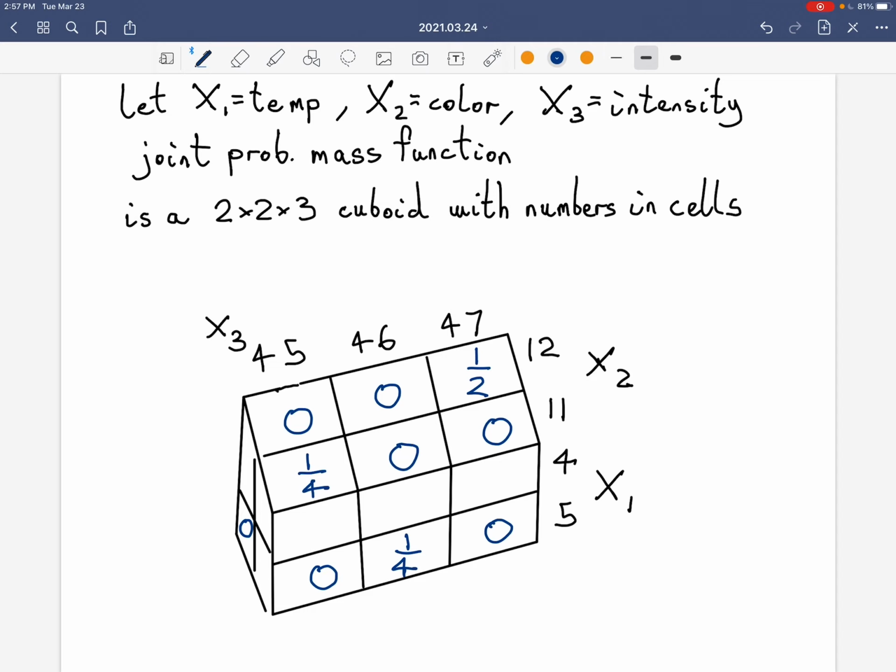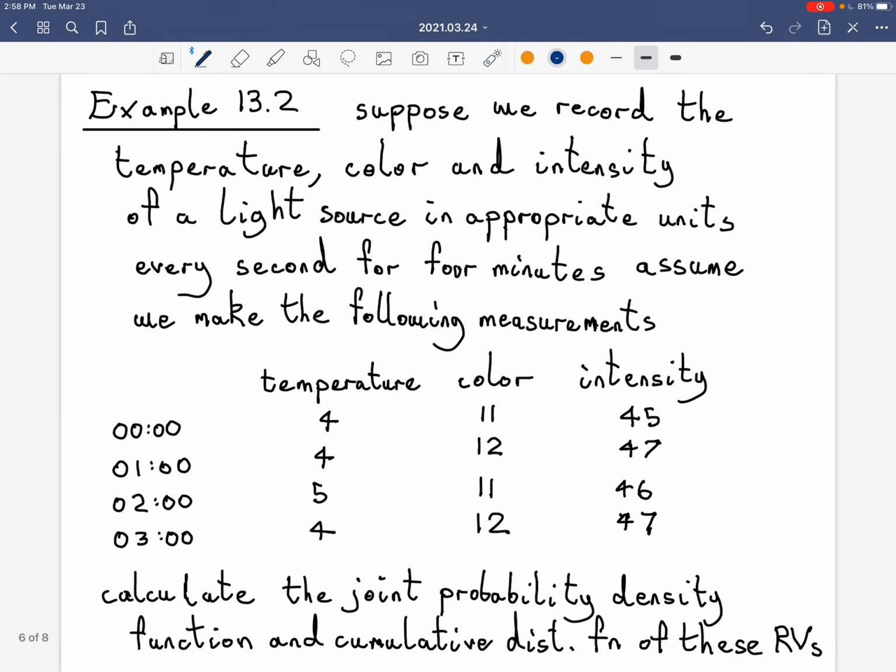So let's see, how did I calculate these labels? Let's have a look at the one with a half, which is in x1 equals 4, x2 equals 12, x3 equals 47. And why did I put a half in that cell? Well, if temperature is 4, color is 12, and intensity is 47, I can see that matches 2 different timestamps.